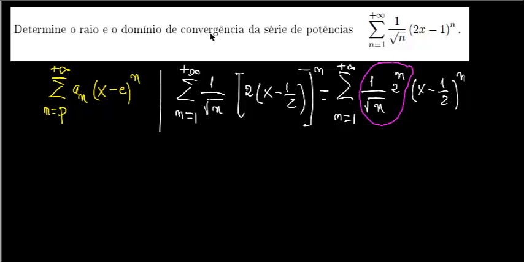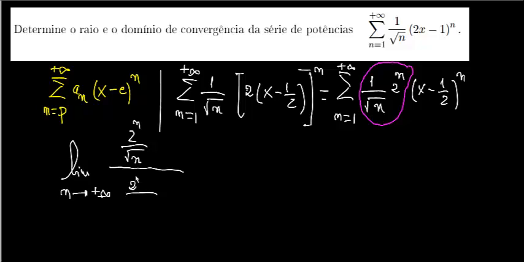So to calculate the radius, I think it is quite simple, because now it is the limit when n approaches plus infinity of 2 to n over square root of n, over 2 to n plus 1 over square root of n plus 1.